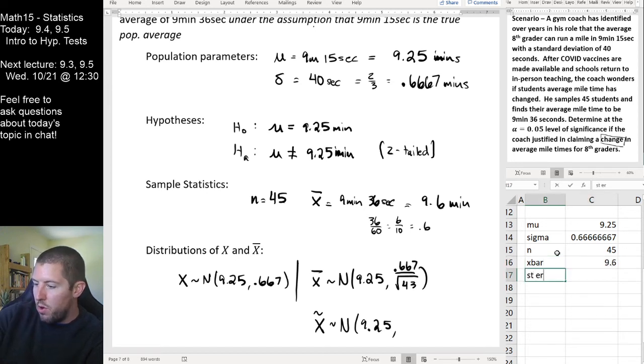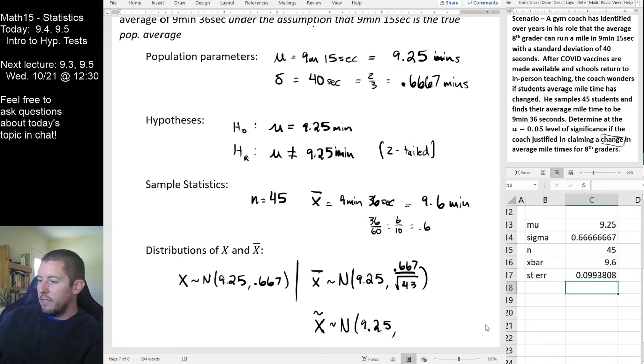We can compute our standard error that we need for our sample distribution. So I'm going to say this is equal to C14, our sigma, divided by the square root of n, C15.